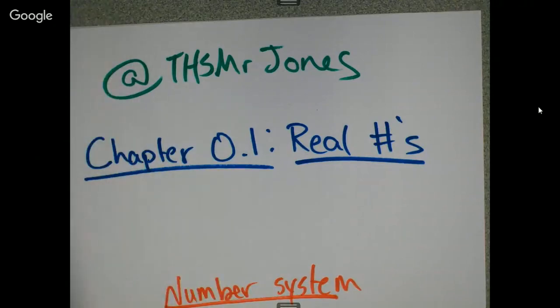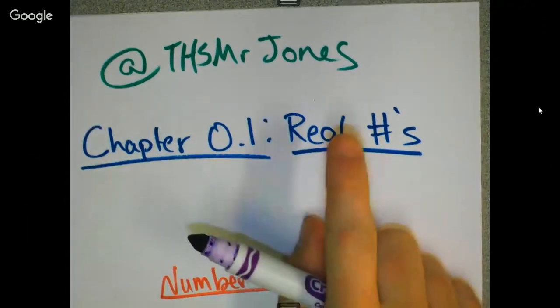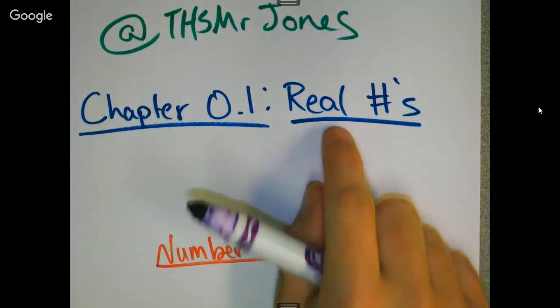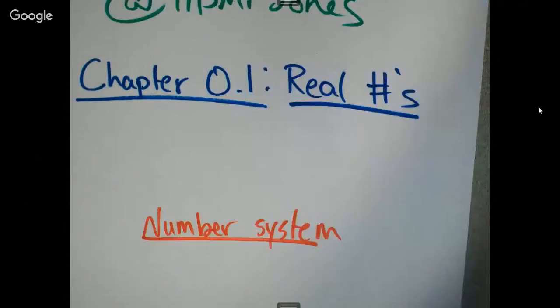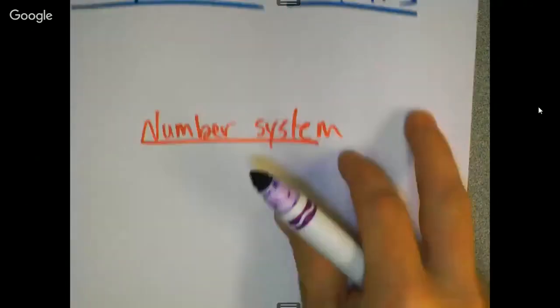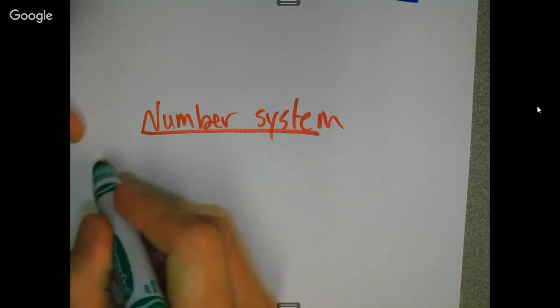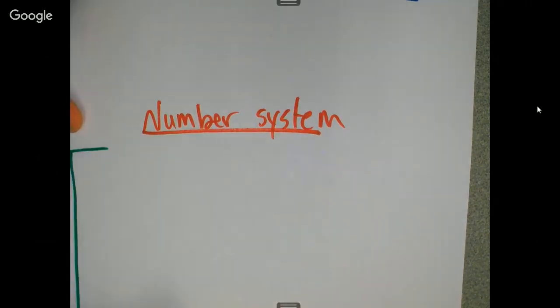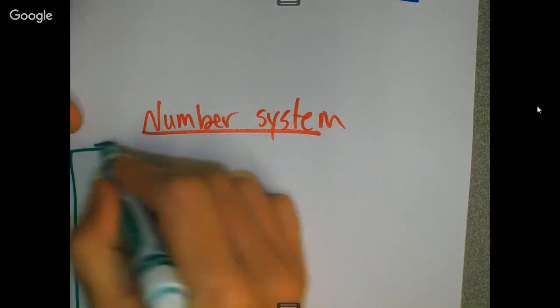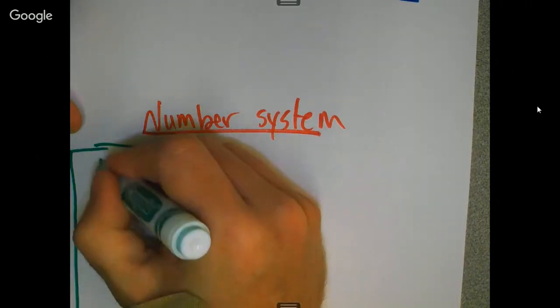Okay, so we're going to start chapter 0.1, which is talking about real numbers. And I first want to talk about the number system. The number system is comprised of two different kinds of numbers. The one I'm going to talk about for now are the real numbers.